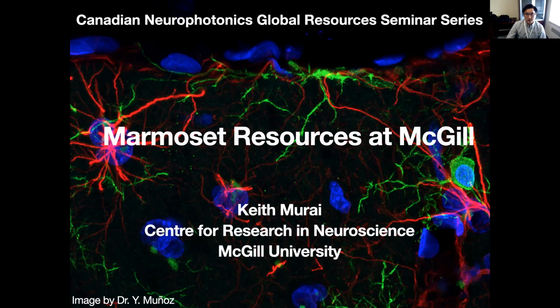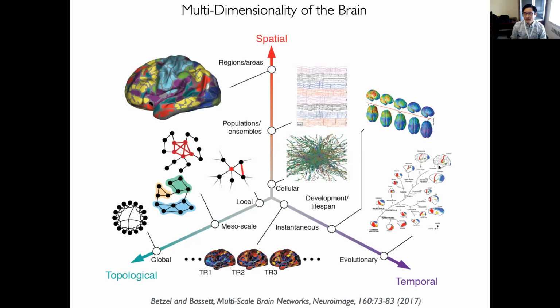Okay, so let's go ahead and get started. One of the amazing things about our field is the multidimensionality of the brain and the space in which we operate. We operate on spatial, temporal, topological, and behavioral scales.